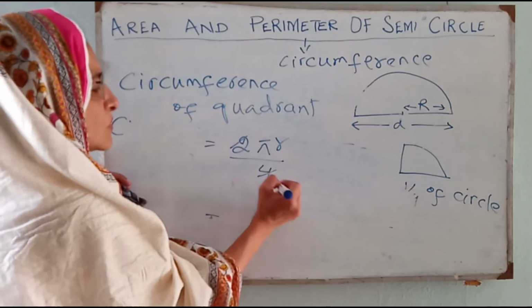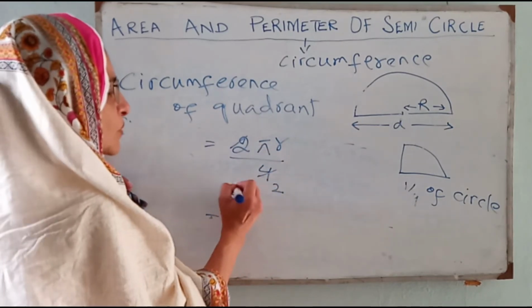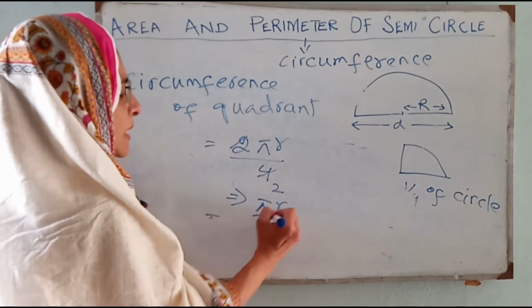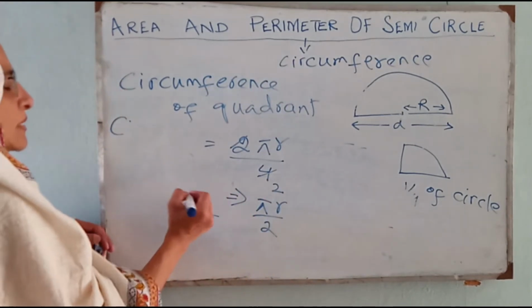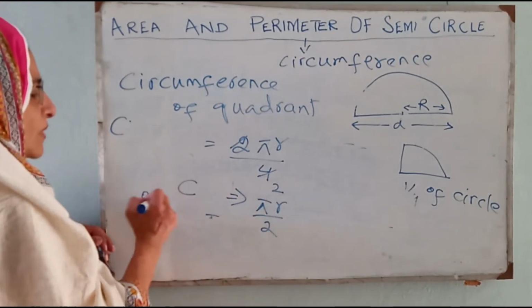The 2 and 4 reduce to the lowest term, so it will be pi r by 2. This will be the circumference of a quadrant.